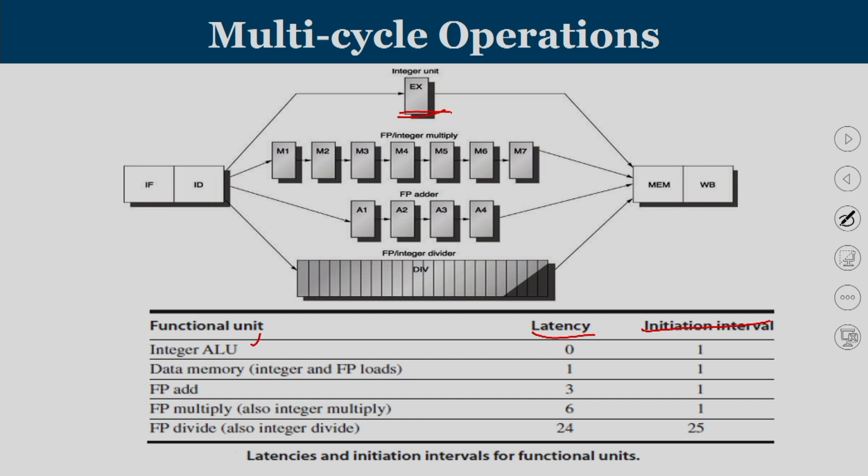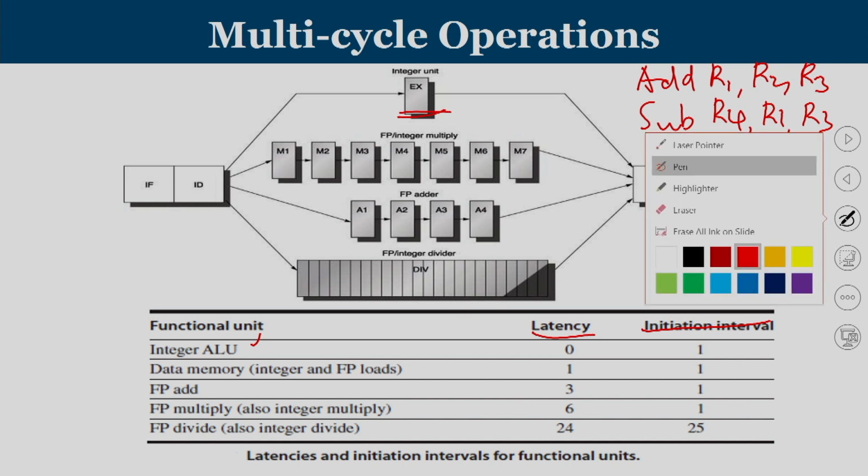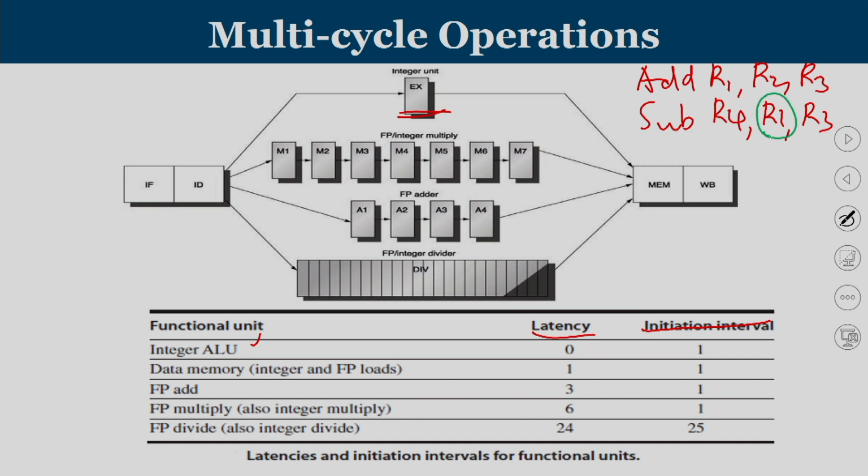For example, consider the case where you have an add instruction with R1, R2 and R3. Now you have a subtraction instruction that writes to R4, and I am going to work with R1 and R3. In this case we have a common operand. The first instruction is going to write into R1, which happens inside the EX stage. The second instruction is going to read from R1, which also happens inside the EX stage.